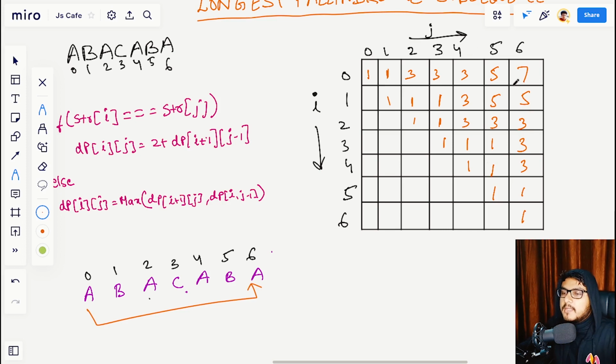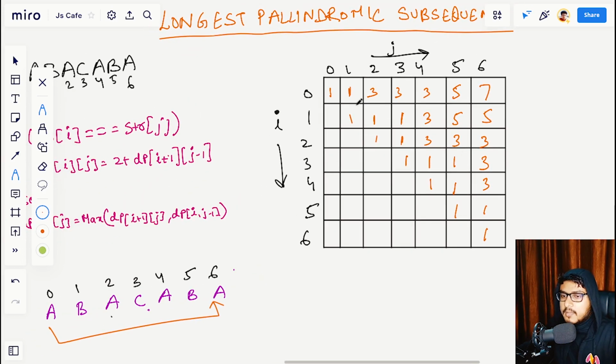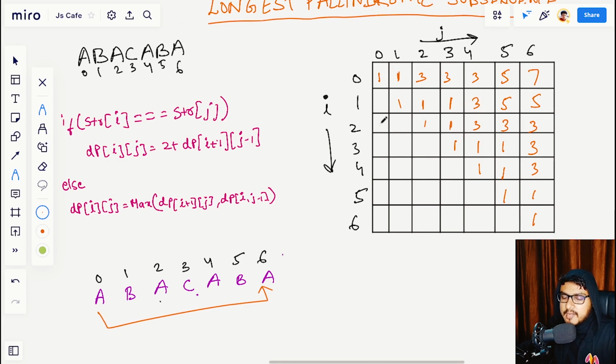with all the values, and we see that this particular row tells us the value of LPS from any particular index. So if we want to find the maximum LPS that can be formed from the 0th index to the 5th index, the value would be 5 over here.